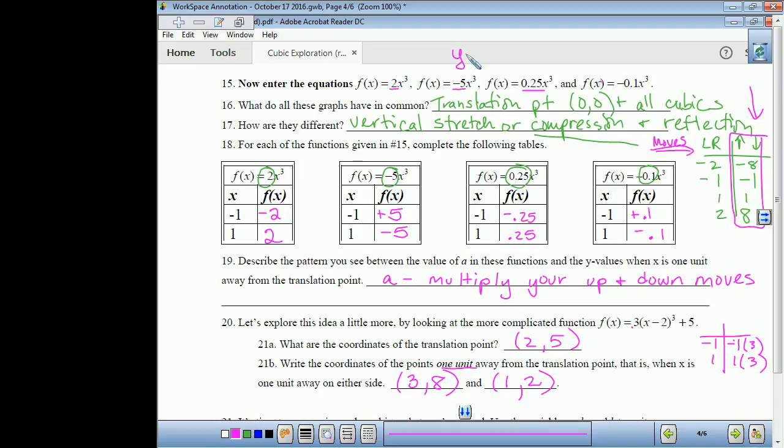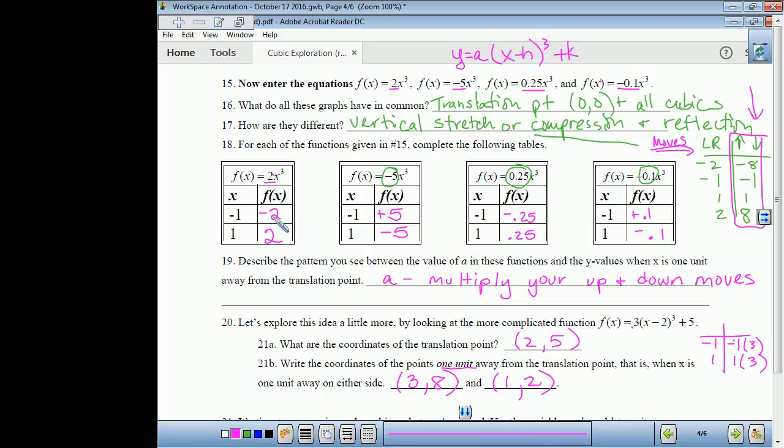When we have an A value, when there is a coefficient out in front, these are our A's. So if we thought about this as y equals A times x minus h cubed plus k, this would be the transformational form for a cubic function. These all represent our A's. And with our graph, that A tells you how to multiply your up and down moves. So if the A was 2, we have to come and multiply these by 2.